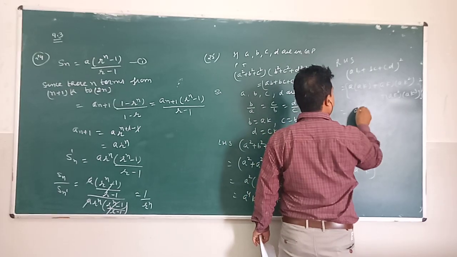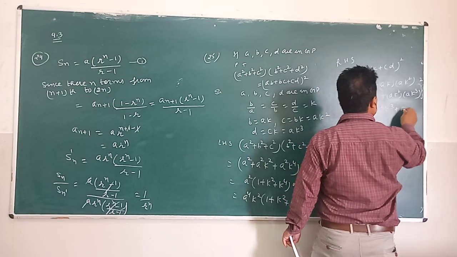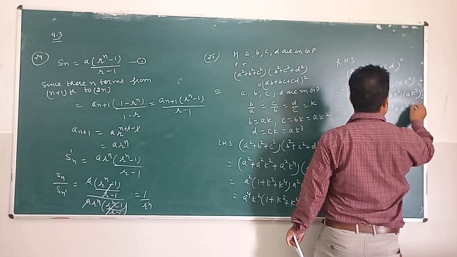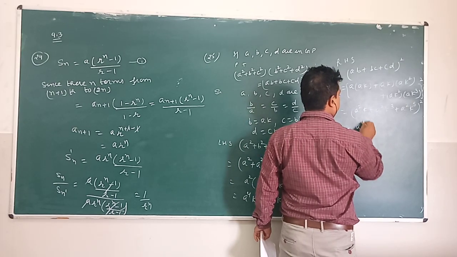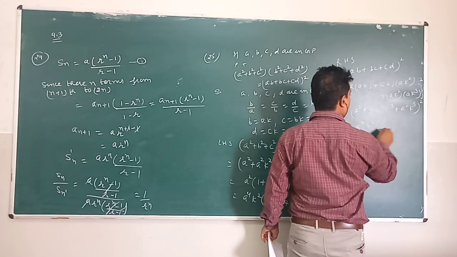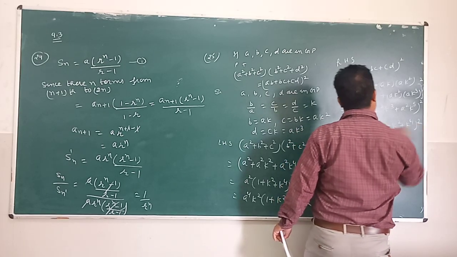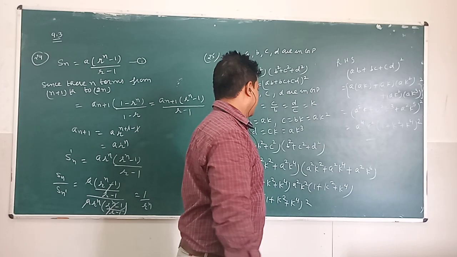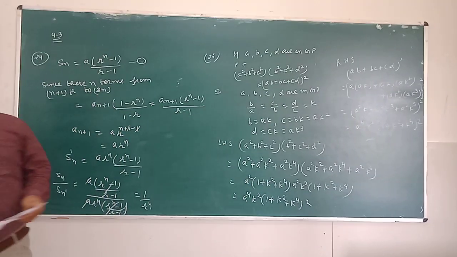This becomes (a²k + a²k³ + a²k⁵)². When we take a² common, this is a⁴. Here k² is common. This is (1 + k² + k⁴)². So the left hand side is equal to the right hand side. This is the answer of this question.